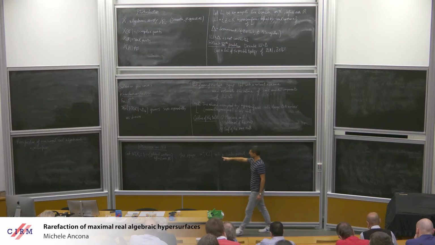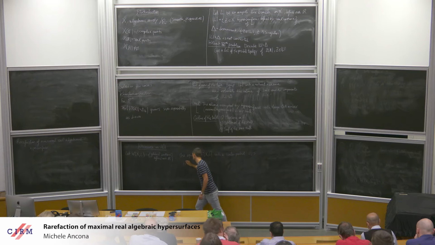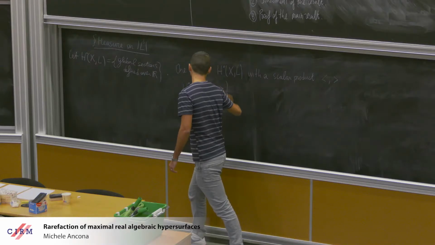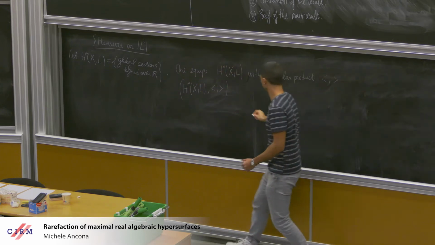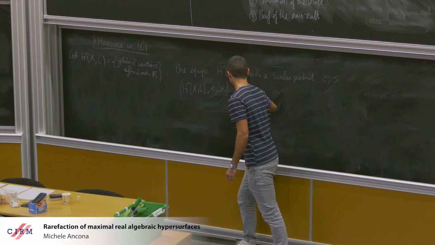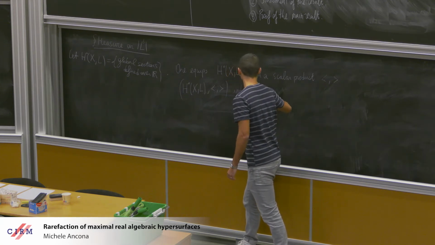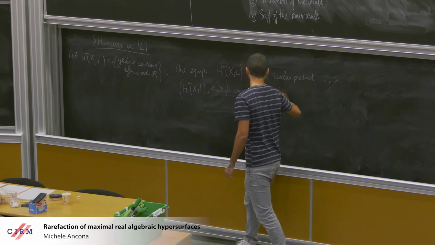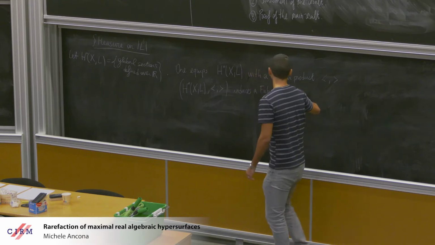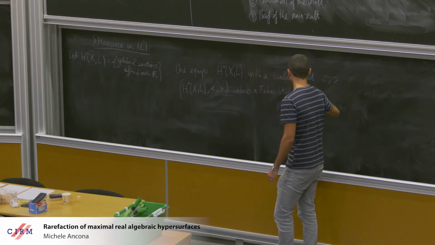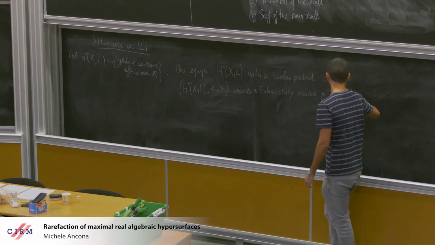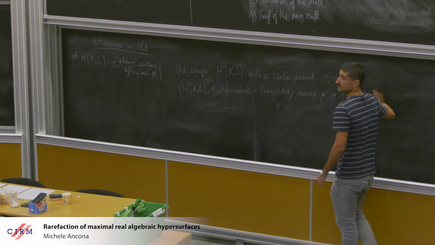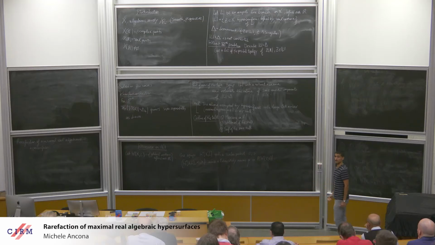And then once we have a real vector space together with a scalar product, this induces a Fubini-Study measure on the projectivization of this vector space.